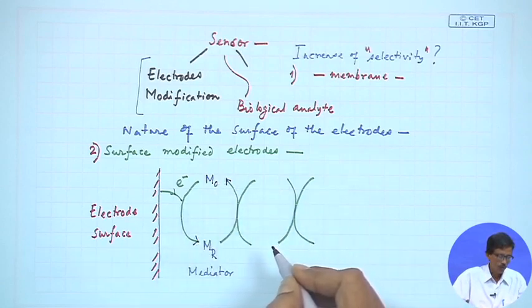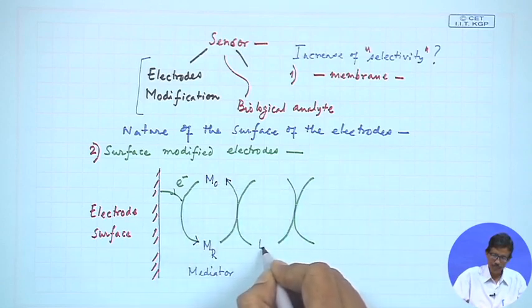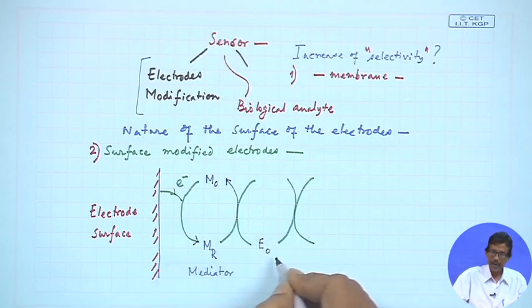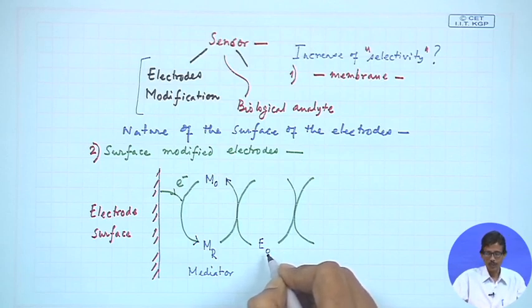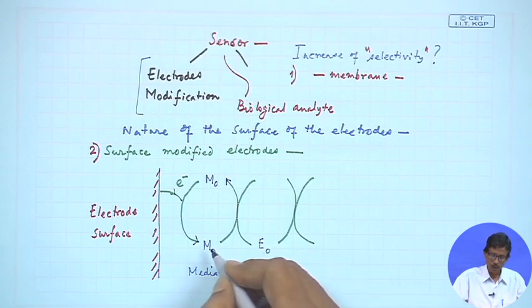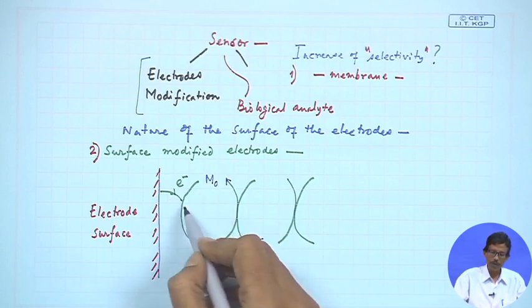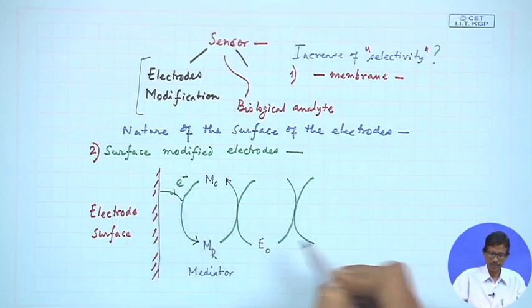Why is it going for your oxidized form? Because your enzyme is also attached to that. So, the mediator is then attached to your enzyme in the oxidized form. That means your oxidized enzyme will oxidize your reduced mediator, but the reduced mediator we obtain from electron transfer from the electrode surface.